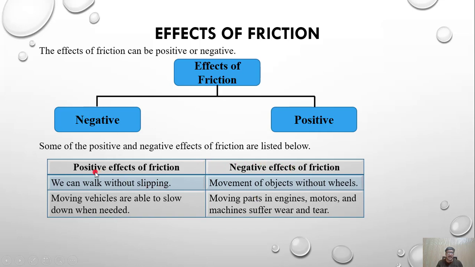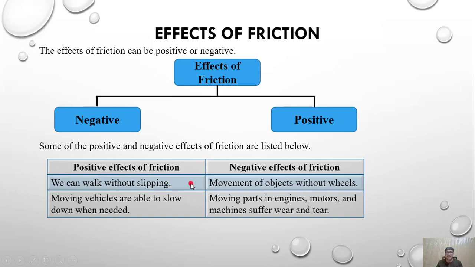Among the positive effects of friction, we can say that we can walk without slipping. Such friction is a positive effect. If friction is not there, then what will happen? We will not be able to move because there will be a lot of slipping.